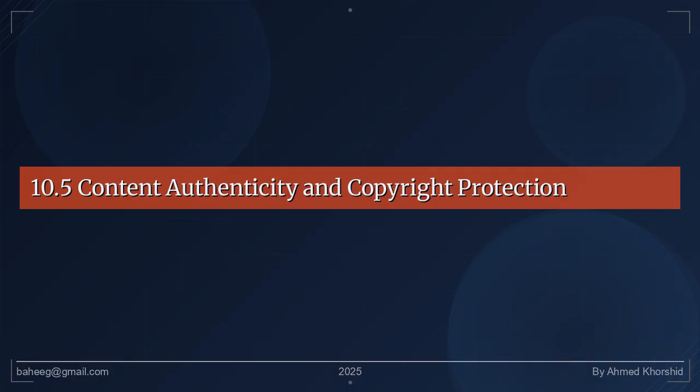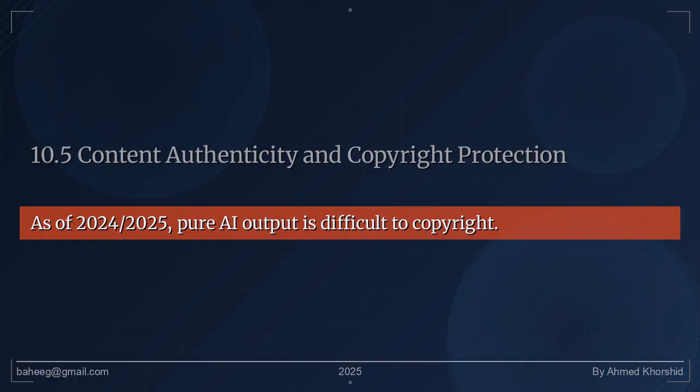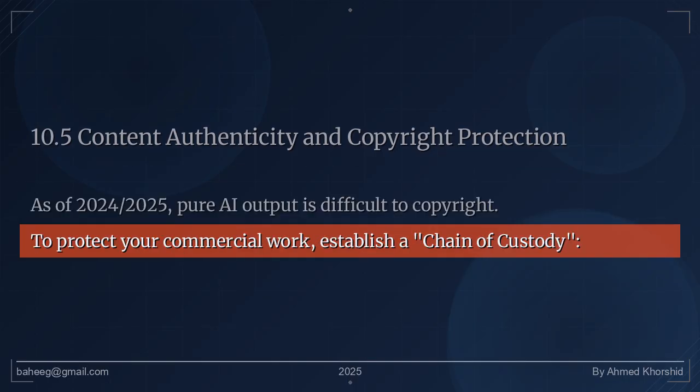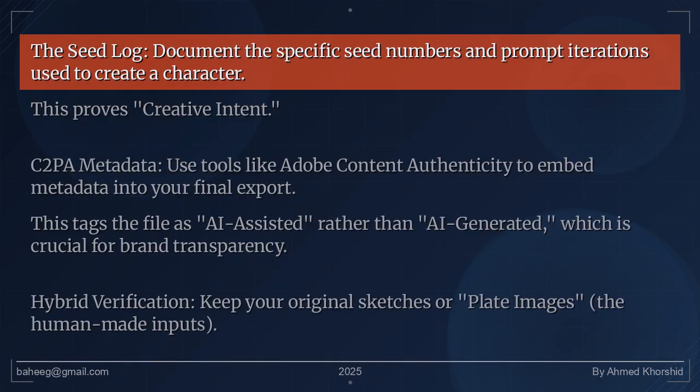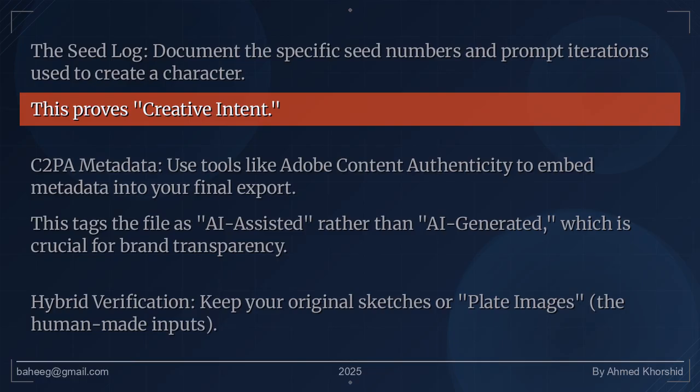10.5 Content Authenticity and Copyright Protection. As of 2024-2025, pure AI output is difficult to copyright. To protect your commercial work, establish a chain of custody. The seed log: document the specific seed numbers and prompt iterations used to create a character. This proves creative intent.